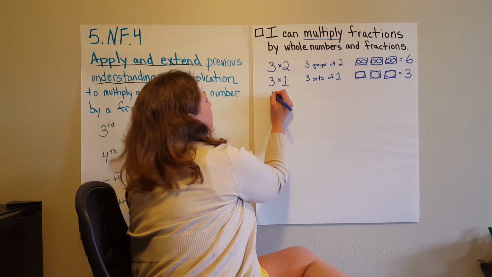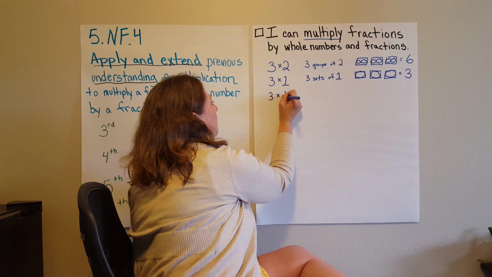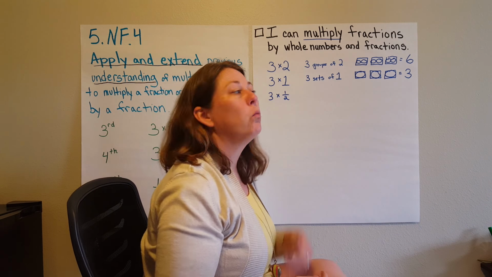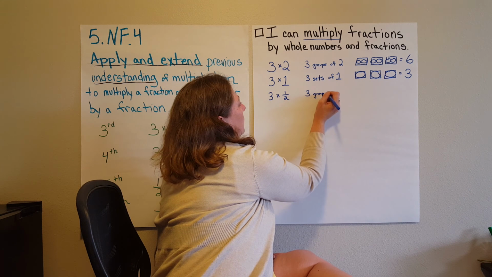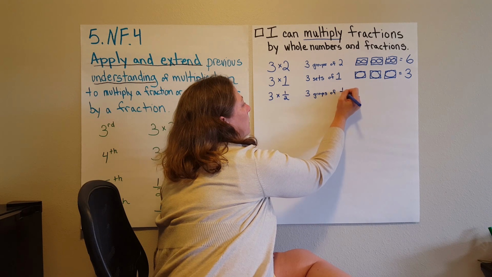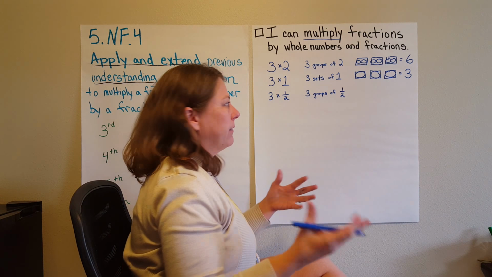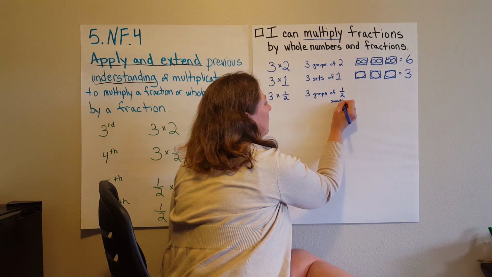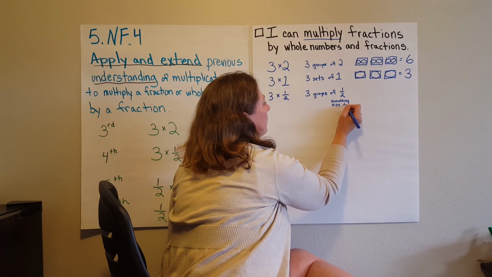So now as we transition into maybe a fraction, 3 times half. Okay? Same questions. What does that mean? 3 groups of half. 3 groups of something the size of half.